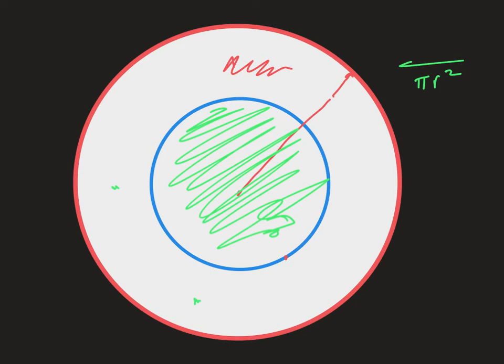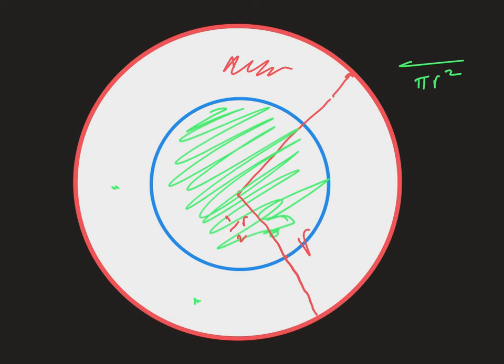Well, if the whole distance, meaning the whole big radius of the red circle is r, half of that is going to be the radius of the blue, so 1/2 r. So therefore, the area of this blue circle, or the good outcomes, we can write as 1/4 pi r squared. And we can simplify this. We see that pi cancels.